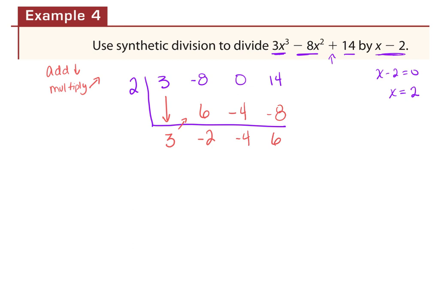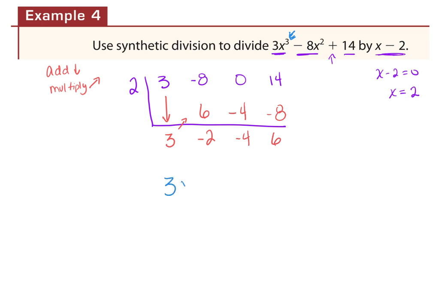Now, what I'm going to do here to find my answer is I'm going to look and see what exponent I started with. I started with an exponent of 3. I'm going to take all of those. Those are now my coefficients, and I'm going to fill in starting 1 down from where I began. So I started with x cubed. I'm now going to fill this in with x squared.